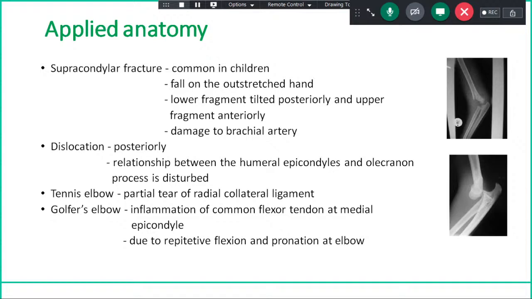Then you can find some cases of dislocation of the elbow joint, where the olecranon moves posteriorly, and the relationship of the humeral condyles and the olecranon gets disturbed. You have seen that the two epicondyles and the head of the olecranon form a triangle. So this is disturbed when there is a dislocation of the joint.